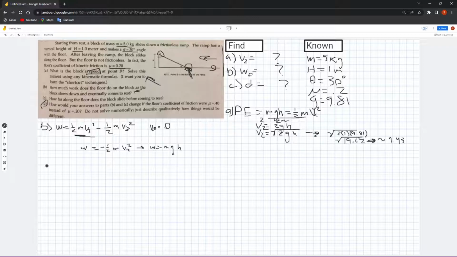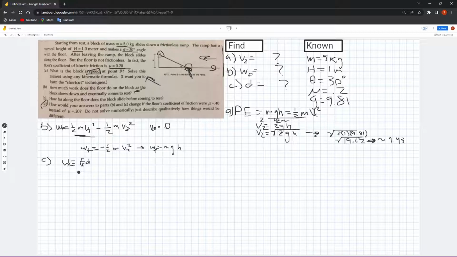How much work does the floor do? Now, C is trying to find out how far it would actually go. What we want to use is work equals force times distance. This is the force of friction. This is all work done by friction. So we want to first isolate, first we'll expand.